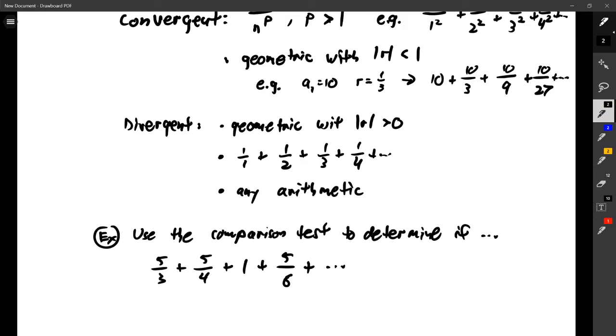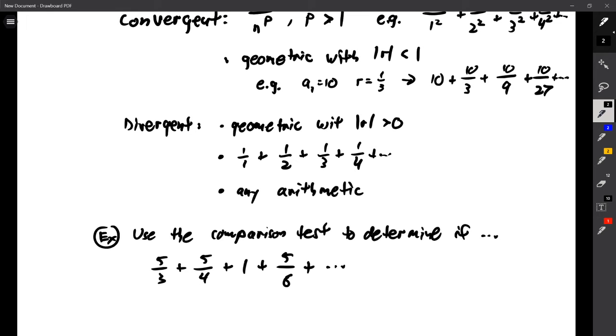And what you can do with this is you could use your gut to say, well, all right, I'm using the comparison test, so I want to compare it to a known convergent and see if I'm smaller than that. If so, then I am convergent. Or I want to compare it to a known divergent, and if I'm bigger than it, then I must be divergent. And you can use your gut to pick which to test first based on which you think it is.